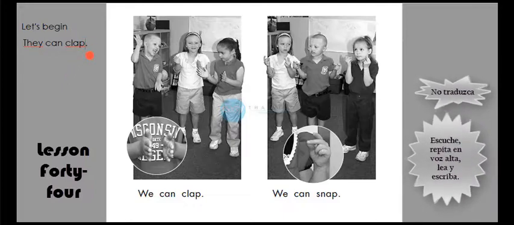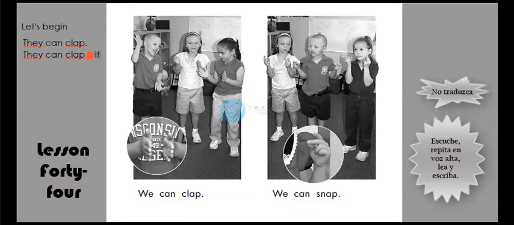Y voy a introducir una palabra para indicar el instrumento que usan para clap. They can clap. Y esta es la palabra with. With their hands. They can clap with their hands.